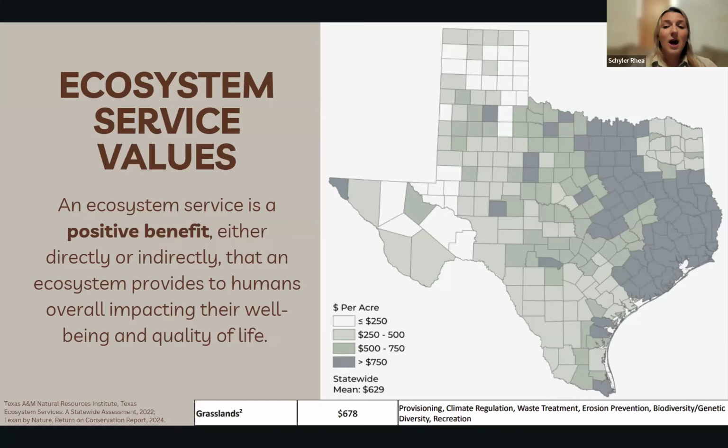So I do think right now we have a really great baseline of showing how important these ecosystems are and how valuable they are to us as humans. But as time goes on and more data and research is available, these numbers are going to significantly increase.